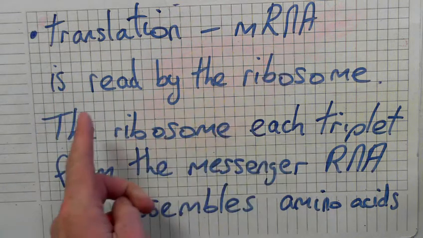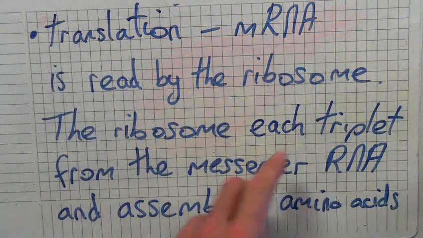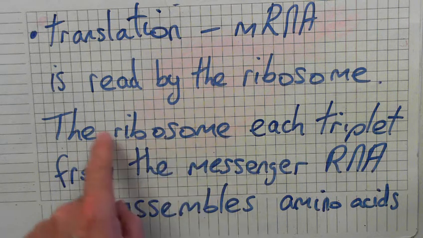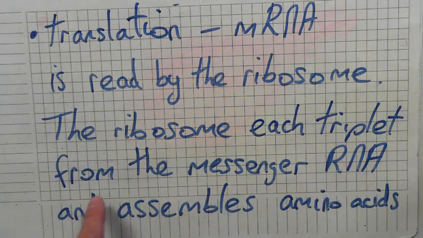Right, translation. The messenger RNA is read by the ribosome. The ribosome reads each triplet from the messenger RNA and assembles the amino acid. The assembled amino acid is a protein. If you want to write that next, the assembled amino acid is a protein.